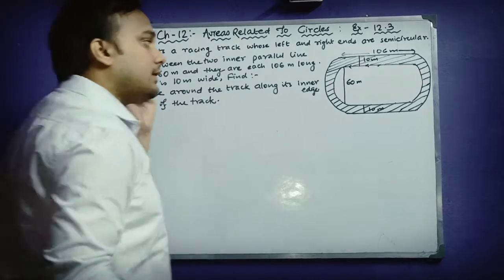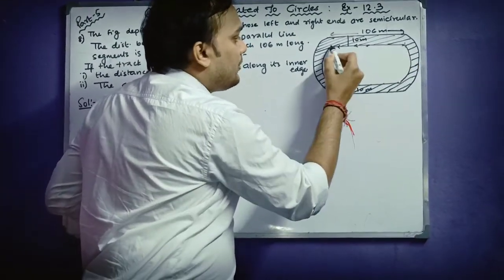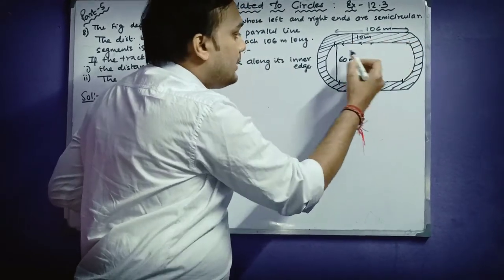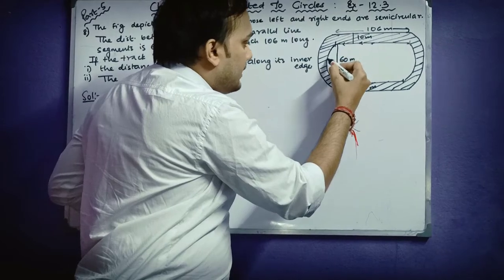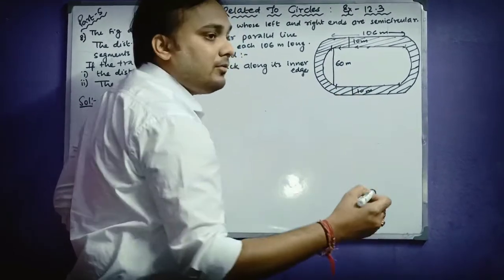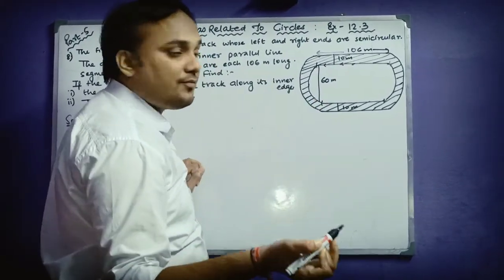As you can see here nicely, the length of this portion is 106, from here to here, and the length from here to here is again 106, that is given in the question. And what is the distance of this one? This circular region is actually a semicircular region, which we have to find using the formula of the circumference of the semicircle.